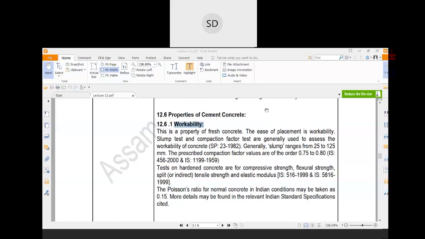So let me give one example, in that case it would be clear to you. Suppose for a slab construction, or for a pile construction, where the needed workability is very high. For a pile construction, you will dig some hole in the ground.